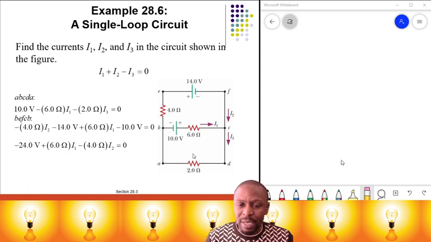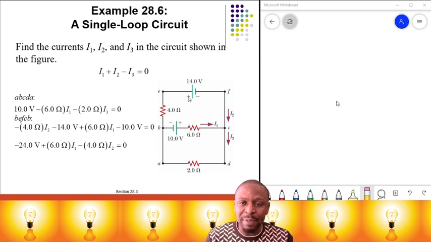Now I'm going to develop another equation for this other loop. That's my second equation. Now the third equation I'm going to derive from this other loop of BEFCB. If I am moving from B in that direction, I'm just going to have minus 4.0 times I2.